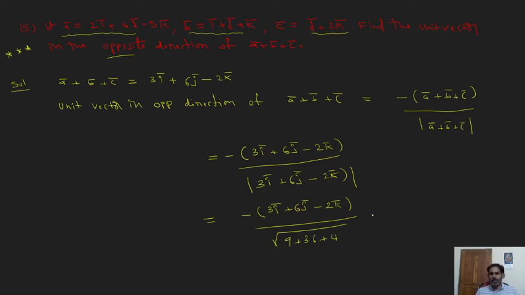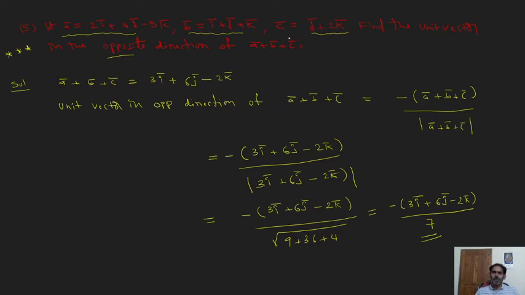So the final answer is minus of 3i bar plus 6j bar minus 2k bar, root 49 is 7. So this is the unit vector in the opposite direction of A bar plus B bar plus C bar.